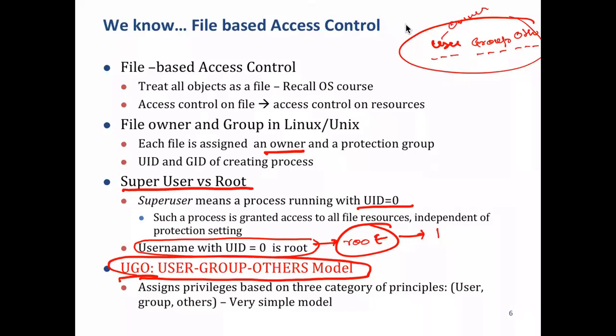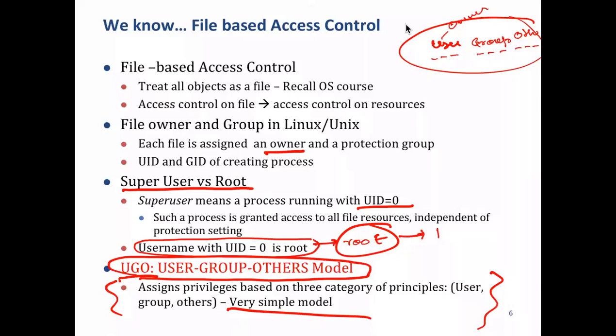So this very simple model is heavily used nowadays, because you don't have to traverse a list like in ACL to find out whether a particular student has access rights or not. Here you simply look at the user ID. It will check that it's not the owner, then that it's not in the group, because the group members are well defined.